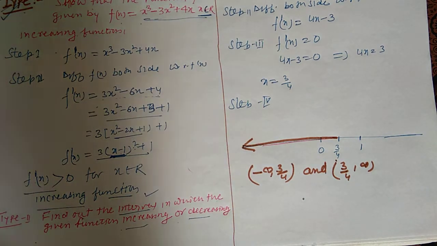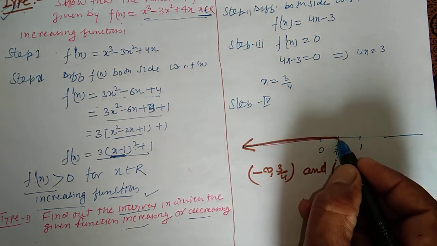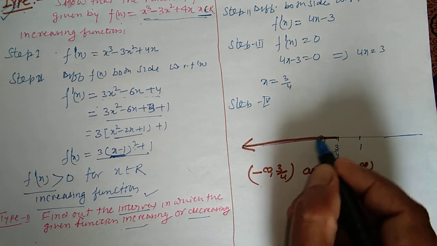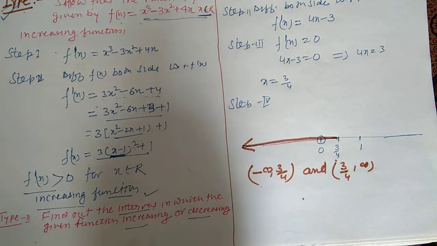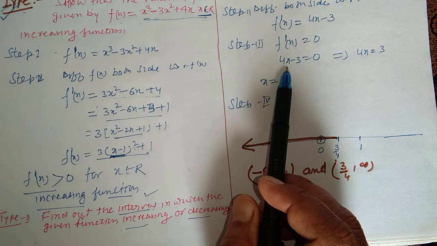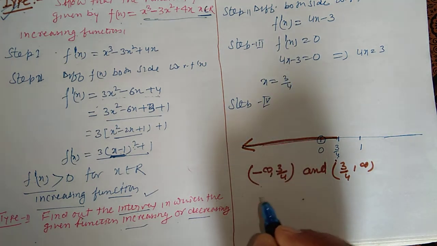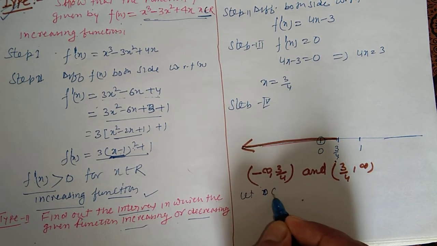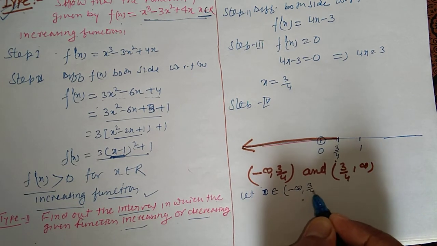For that, take any value less than 3 upon 4. We can take the value 0. Put this value in the equation for f dash x. Let 0 belong to minus infinity to 3 upon 4.